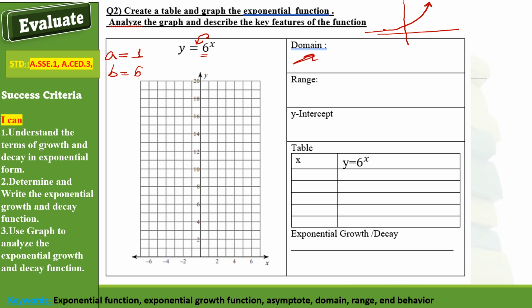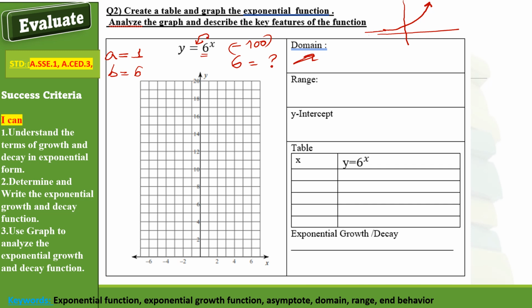If you just analyze this graph, do you see any discontinuity in the graph? No, the graph starts from any number and then it goes on and on. If I put any negative number, let's suppose negative 100, 6 to the power of negative 100, if I put it in the calculator, it gives me 1 over 6 to the power of 100.